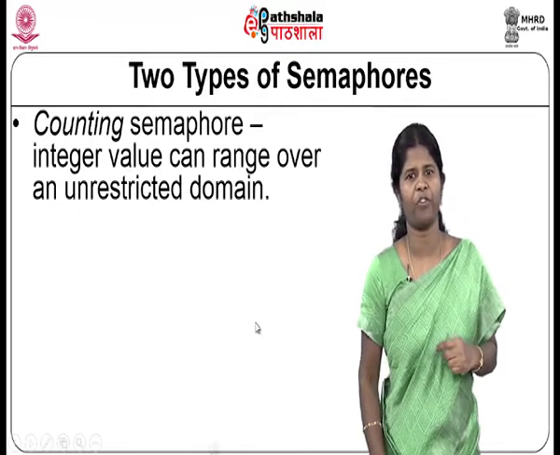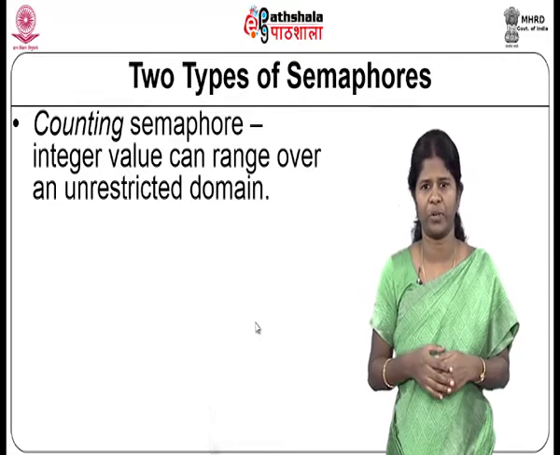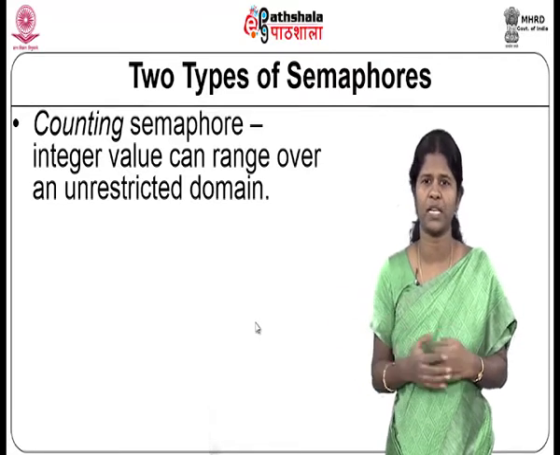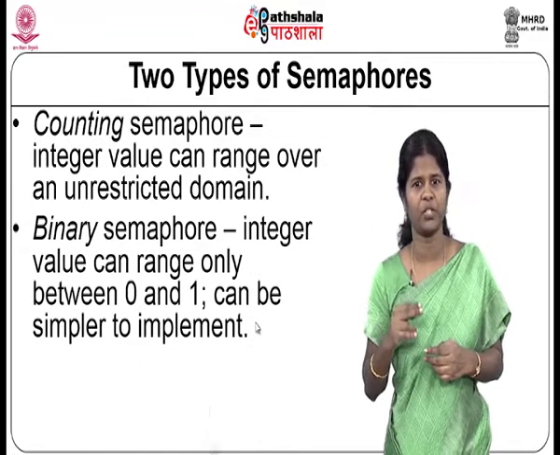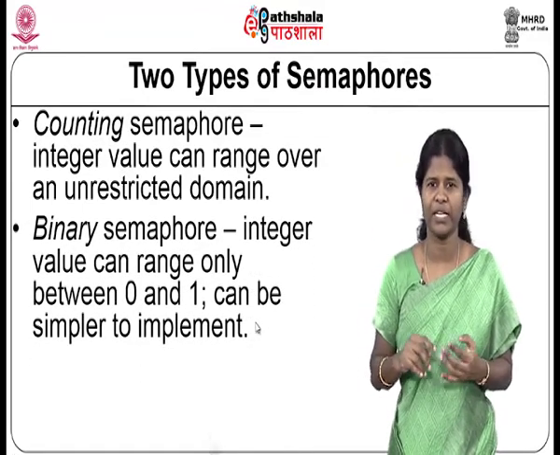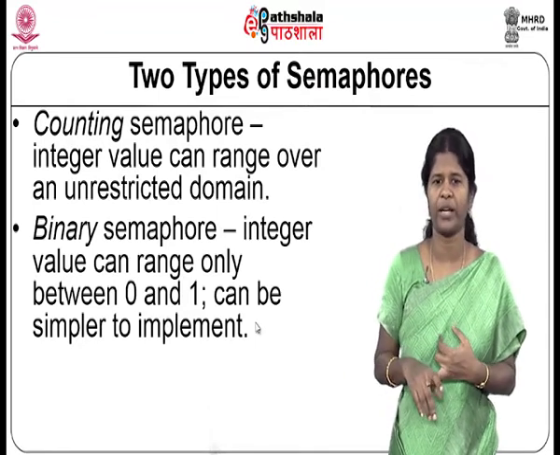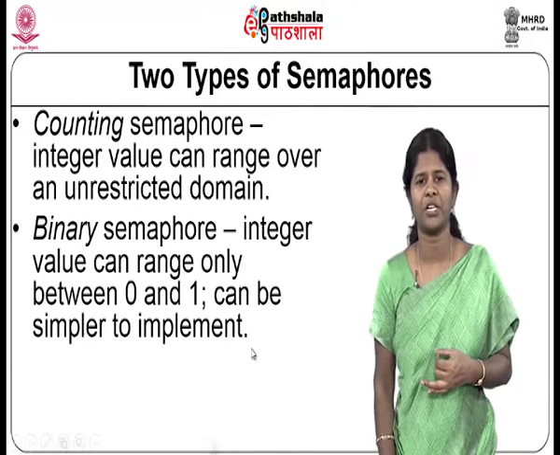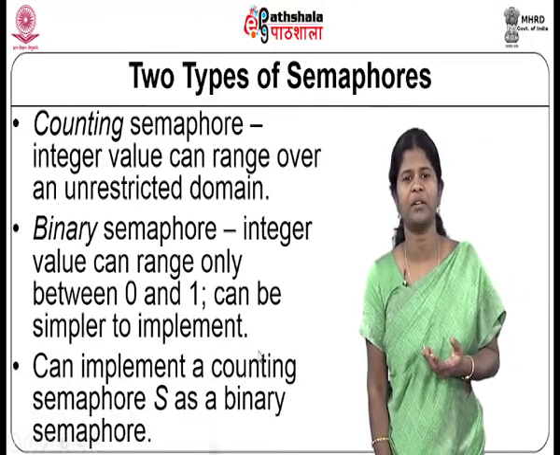The counting semaphore can take any integer value, 1, 2, 3 and so on. And the binary semaphore can take only two integer values. It can only take a value between 0 and 1, that is, it can either be 0 or it can be 1. It is simpler to implement a binary semaphore than a counting semaphore.